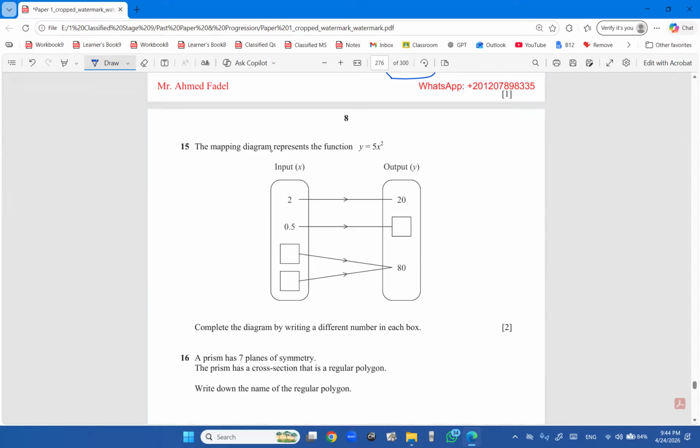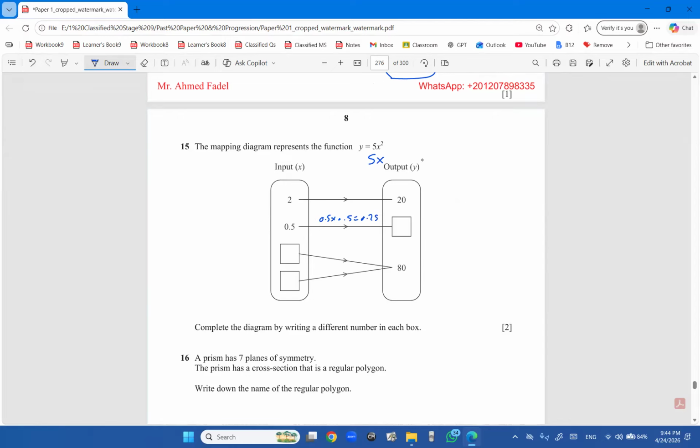The mapping diagram represents the function y equals 5x squared. If x is 2, it is 5 multiplied by 2 squared, which is 5 times 4, which is 20. For 0.5, it is 5 multiplied by 0.5 squared, meaning 0.5 times 0.5, which is 0.25.